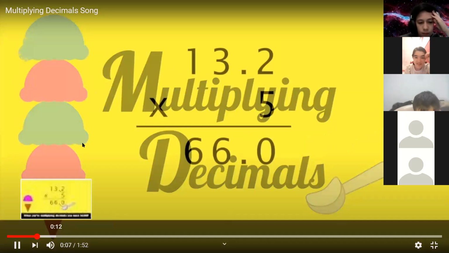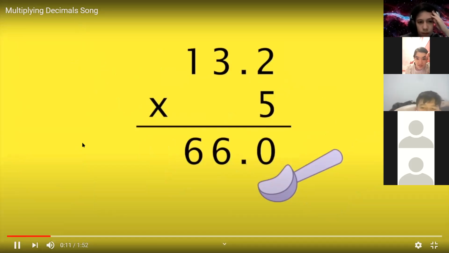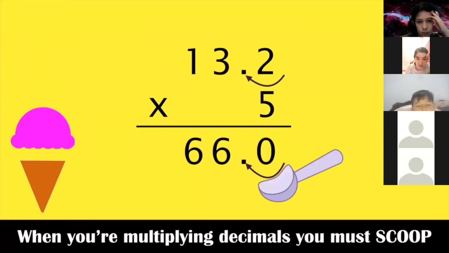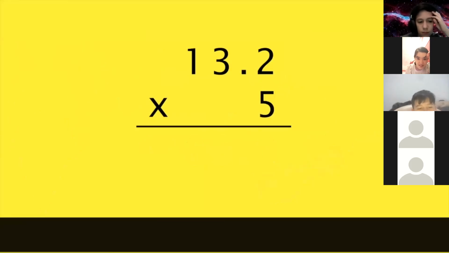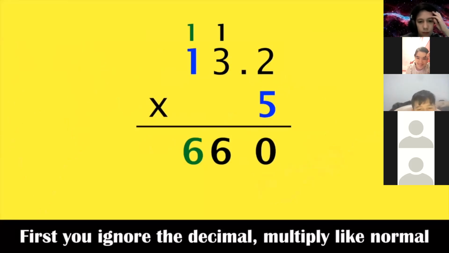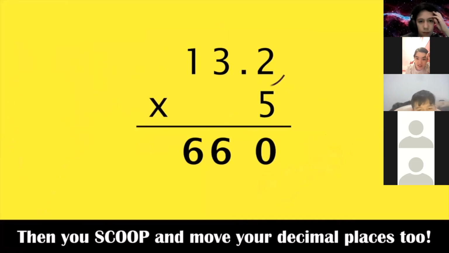When you're multiplying decimals, you must scoop. Yes, well, first you ignore the decimal, multiply like normal, then you scoop and move your decimal places too.